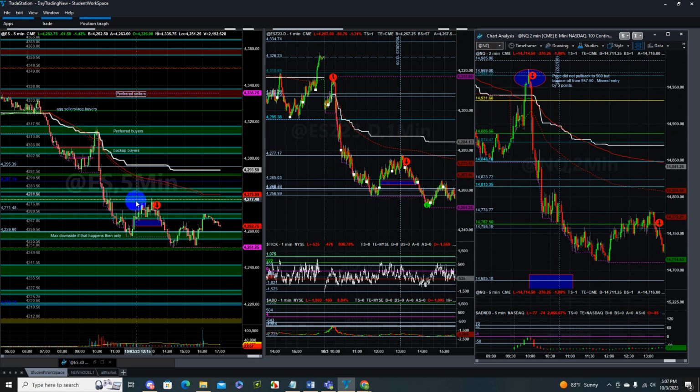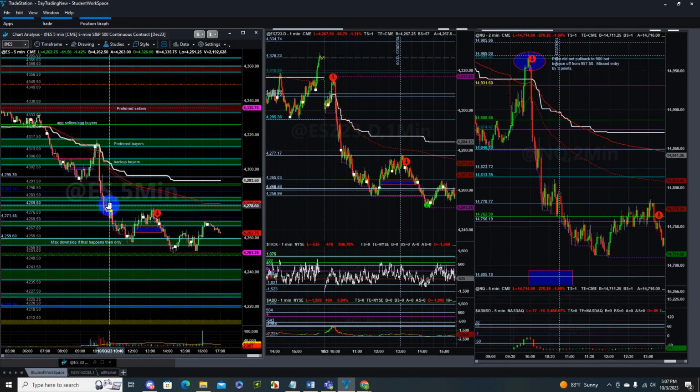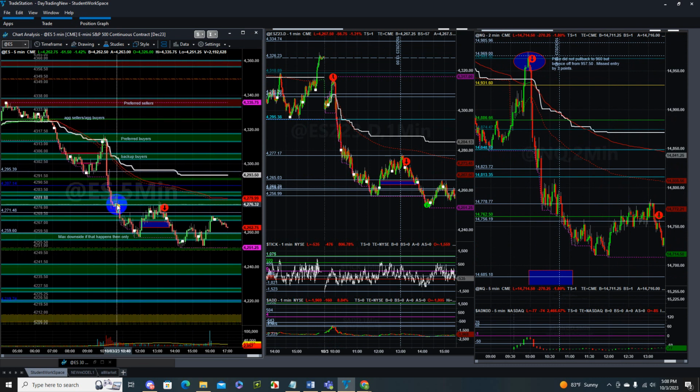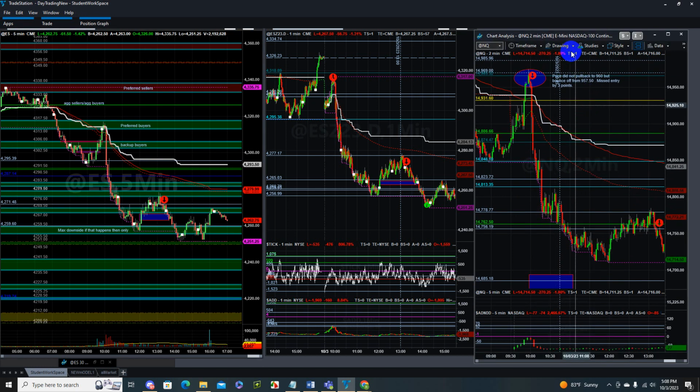So in ES, a pullback to this area like this, right? Now this is a sizable pullback. Remember, not a tiny one, sizable. Compared to these pullbacks, this green candle, this pullback is a sizable pullback. See the size, bigger compared to this.